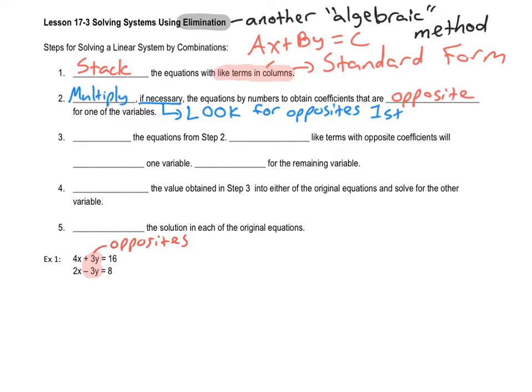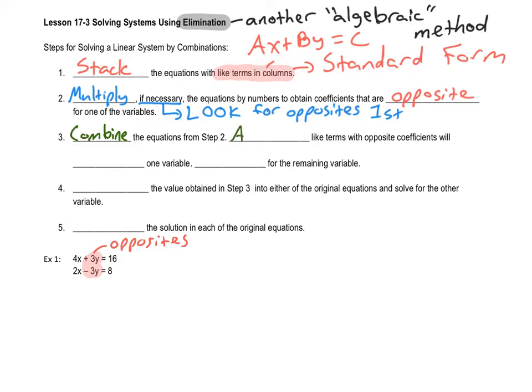All right, so if you have opposites like we have below, the next thing you're going to do is combine. You're going to combine the equations. What operation does combine mean? Addition.